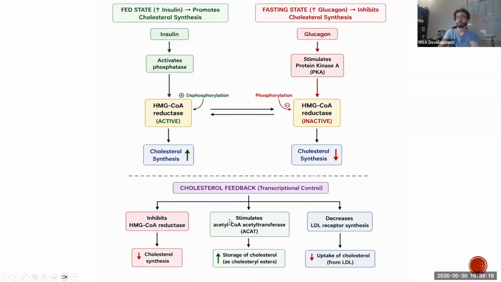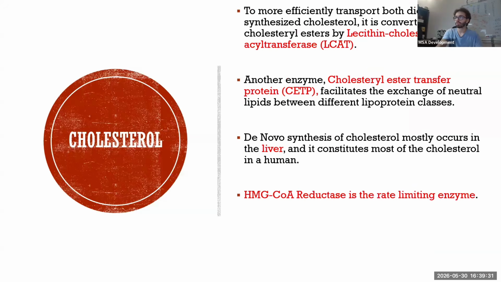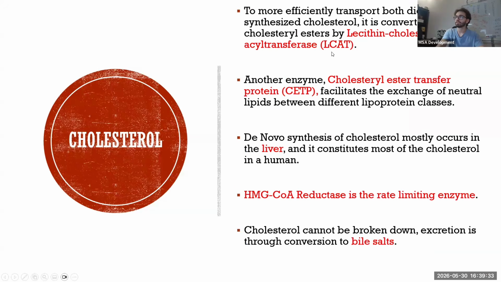Something else that's important, when we have a lot of cholesterol inside a cell, we're going to stimulate an enzyme called acyl-CoA cholesterol acyltransferase, ACAT. Does it ring a bell? Yes, it does, because it's similar to LCAT, not just in name, بس كمان in function. مو قلنا إنه LCAT will esterify cholesterol?